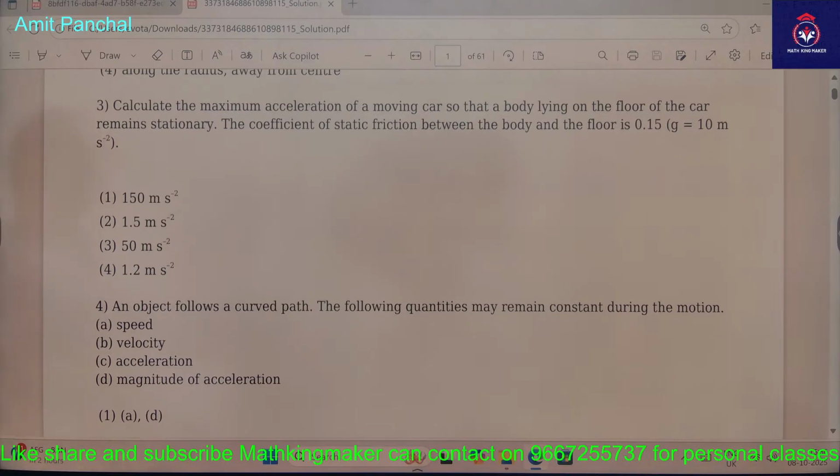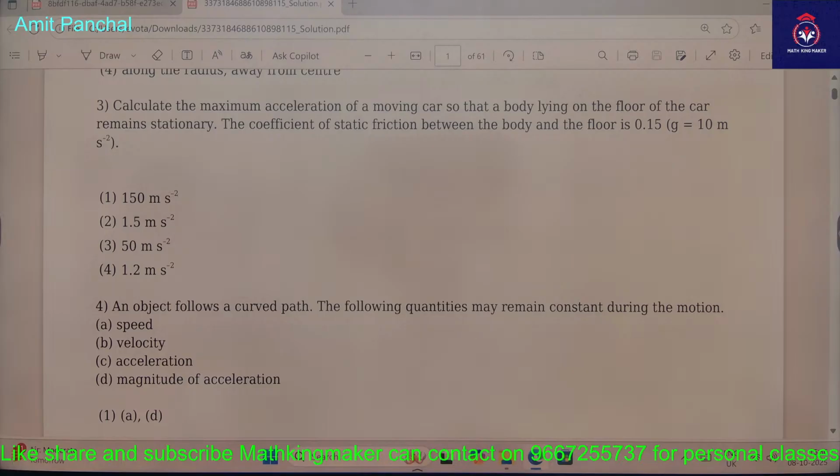Okay. Now third one. Calculate the maximum acceleration of a moving car so that a body lying on the floor of the car remains stationary. The coefficient of static friction between the body and the floor is 0.15. Which principle will work here? We'll just use mu into N, right? Yeah.